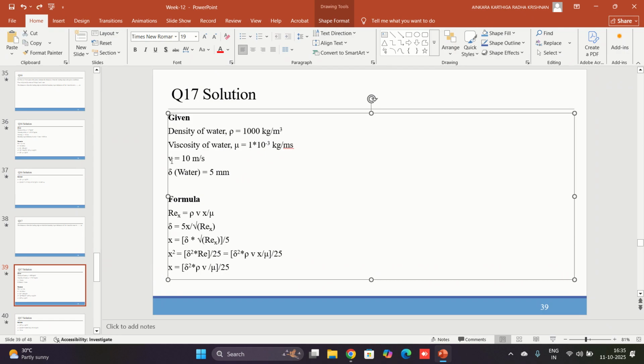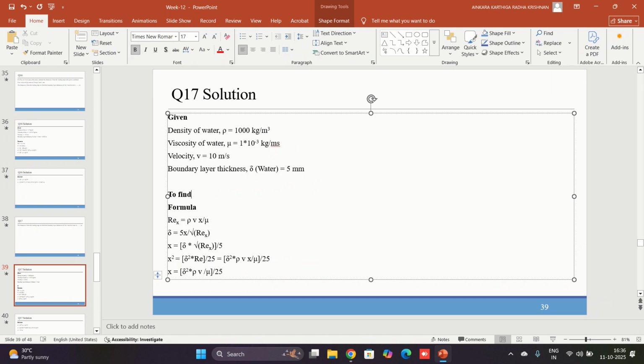And again the flow velocity is the same, velocity v is equal to 10 meters per second, and boundary layer thickness delta is equal to 5 mm. So again the formula is the same: Reynolds number is equal to rho v x by mu, and delta is equal to 5x by square root of Rex.